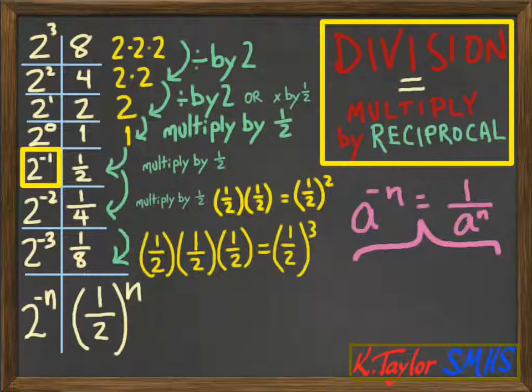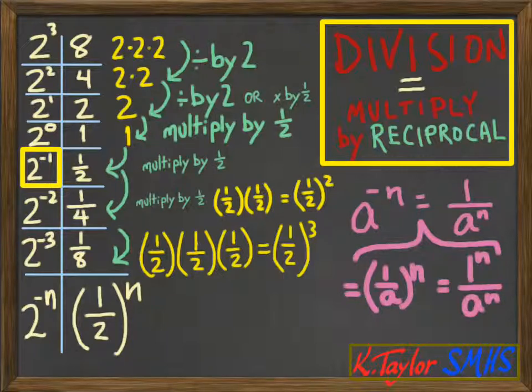Let me fill in the gap for you. When you have a to the -n, that means 1 over a to the positive n. So it's repeated multiplication of the reciprocal of the base. Well, 1 over a to the n power, if we use our other laws of exponents, means I can take that exponent and apply it equally to the numerator and the denominator of that fraction. So I have 1 to the n over a to the n.